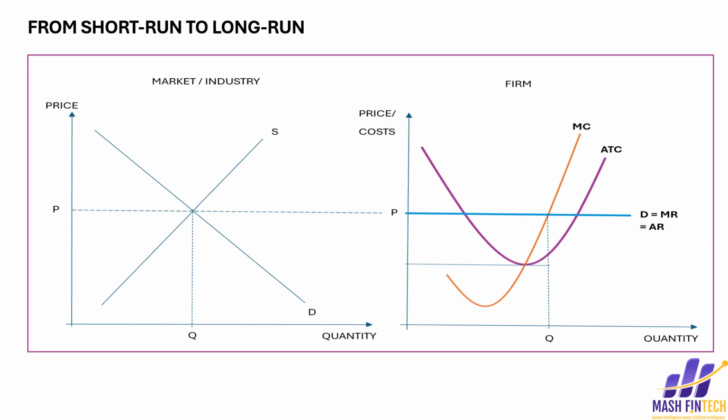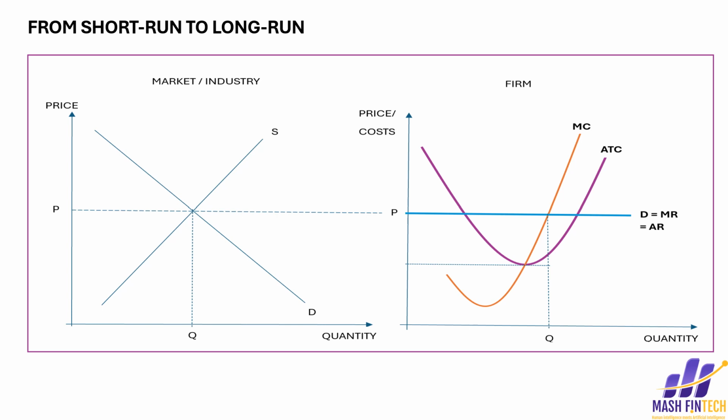Now, what happens when we move from the short run to the long run? I've redrawn the diagram that I drew in the previous page. Another one of the characteristics of a perfectly competitive market is that there's free entry and exit into the market. If firms are making economic profits, more firms want a share of that economic profit.